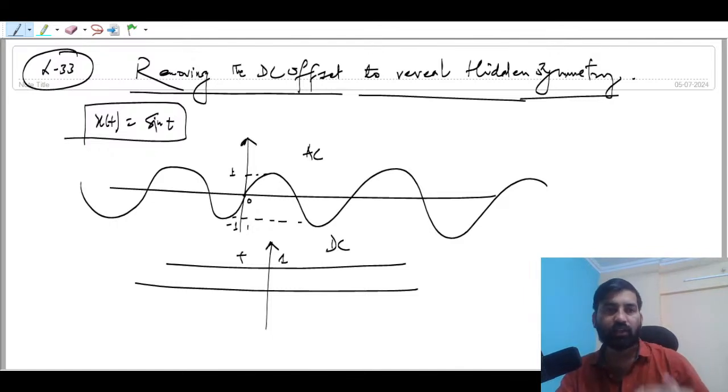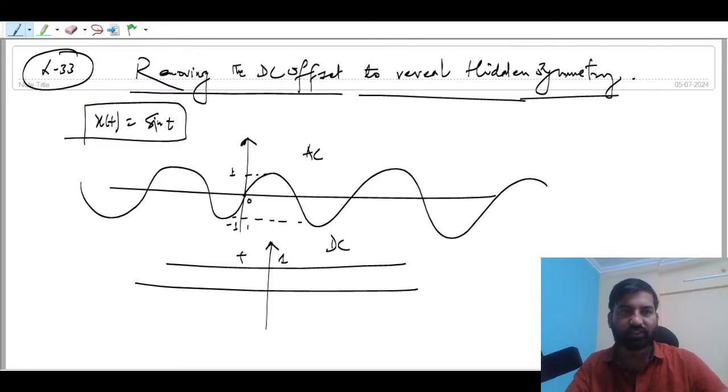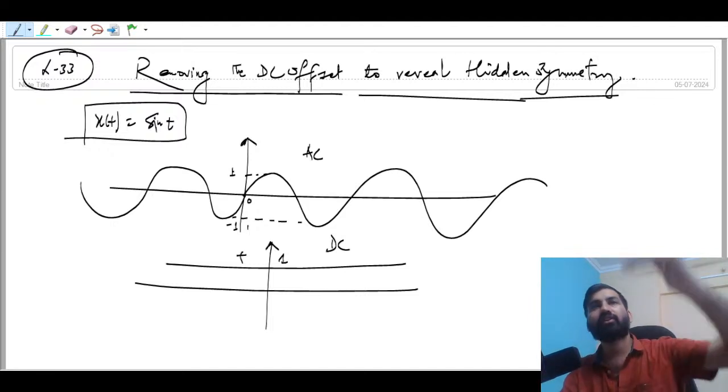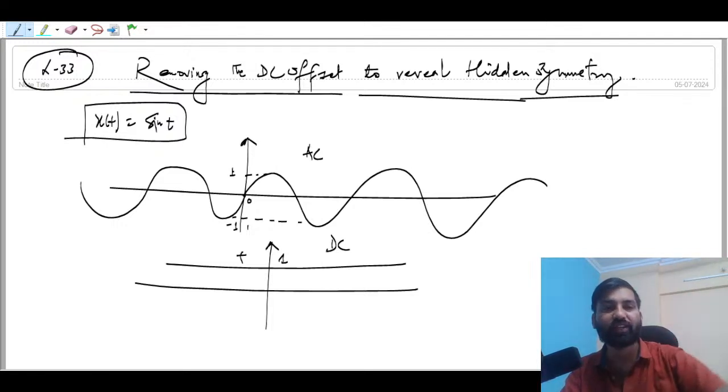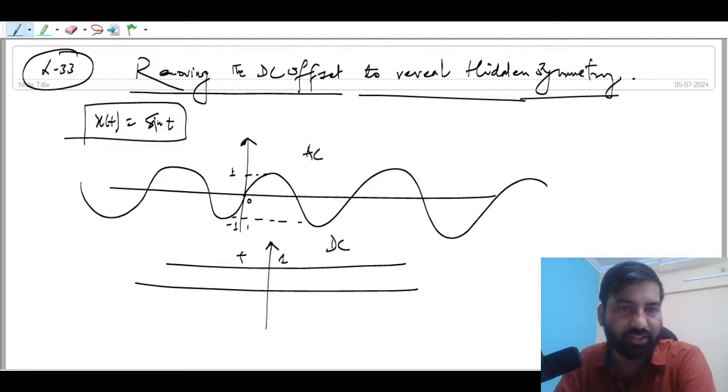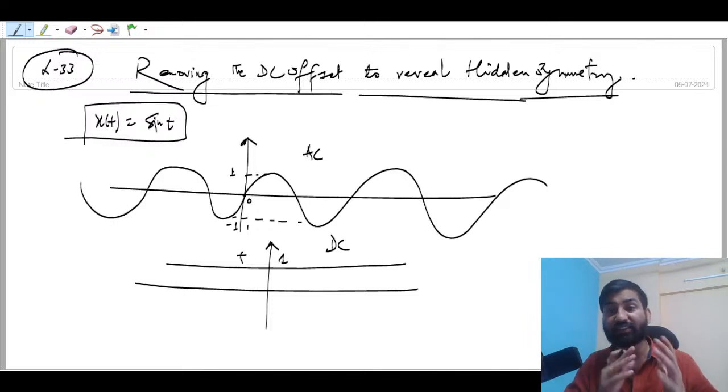If you add a constant value to a sinusoidal signal, your waveform gets shifted up or down depending upon the sign of the DC value. This is one of the important facts that you have to remember, and this is also called clamping.